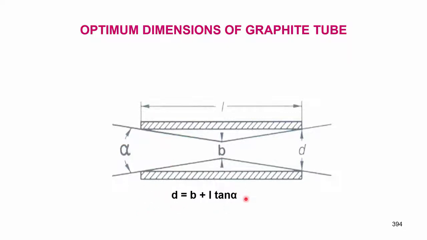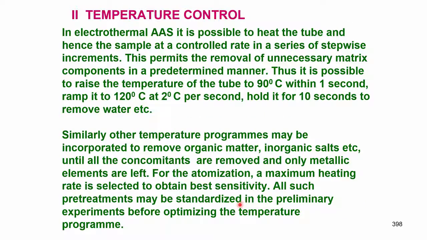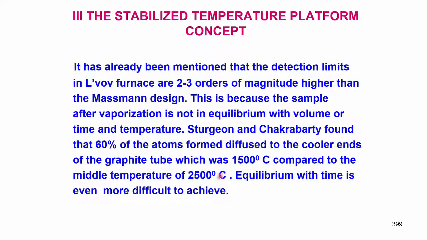So, this is what Chakrabarti found out. And this was not tenable, because we want uniform temperature throughout the tube. So, equilibrium with time is more difficult to achieve, but even then, this has given rise to the graphite tube and platform arrangement.